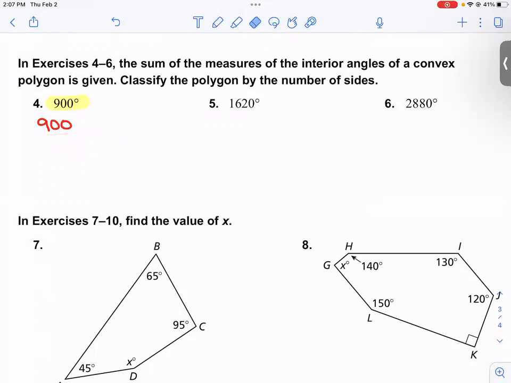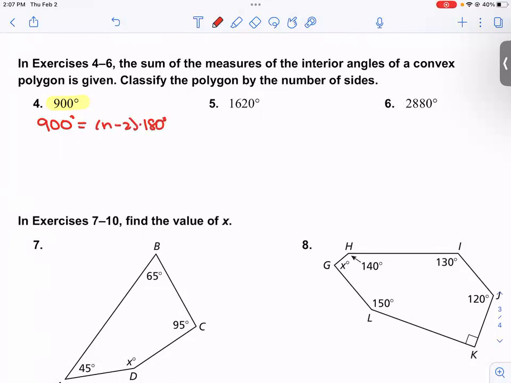I like that you said let's divide by 180, but that's not going to give us the exact number. Let's talk about why we need to add 2. The number of degrees that these add up to be should equal n minus 2 times 180.